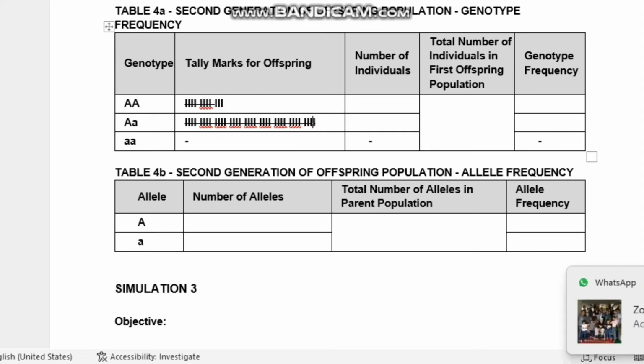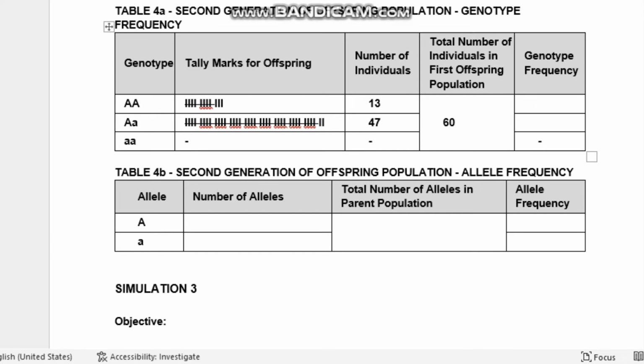So the number of individuals is 13 and 47. So the total number of individuals is 60.